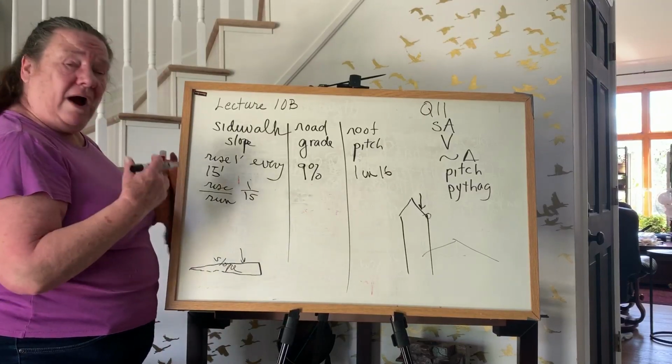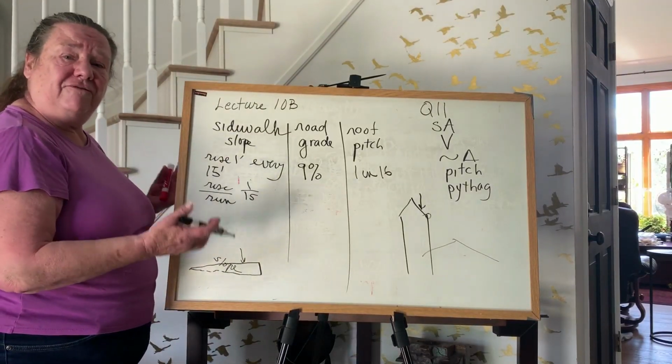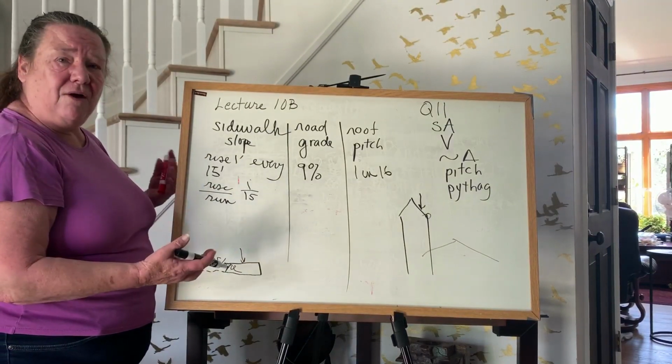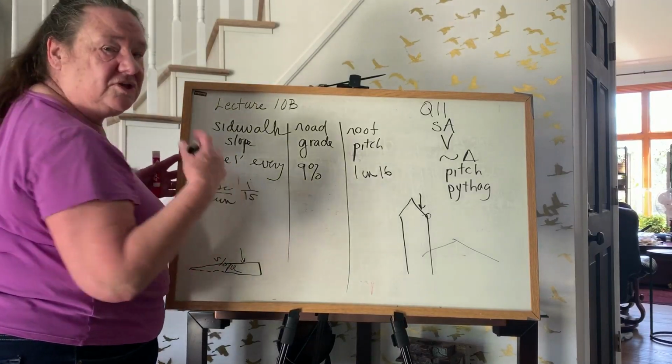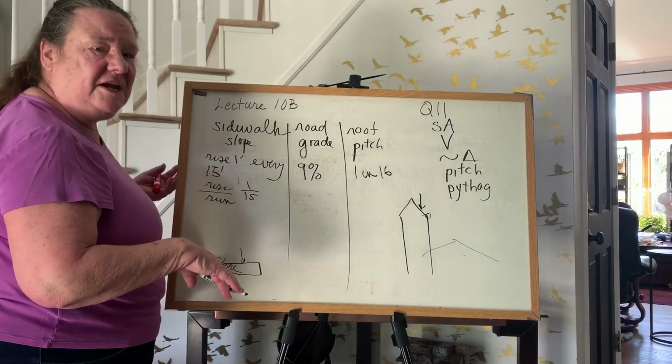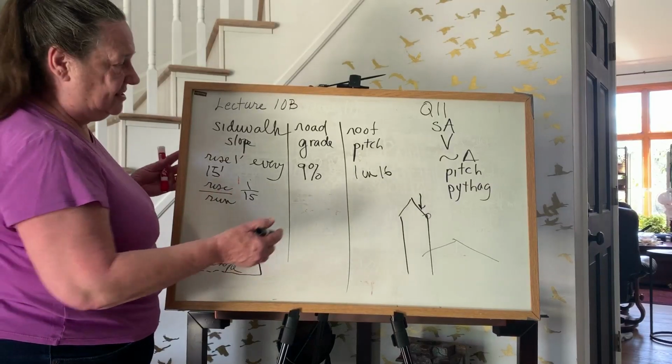So our job is to put these all in the same kind of form, so I can figure out which is the steepest? Which is the question. Which is the steepest or which is the least steep? I'm going to answer which is the steepest.